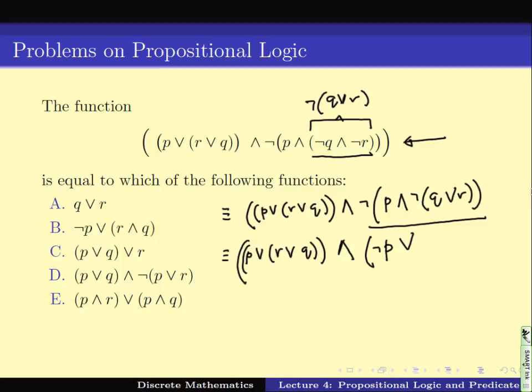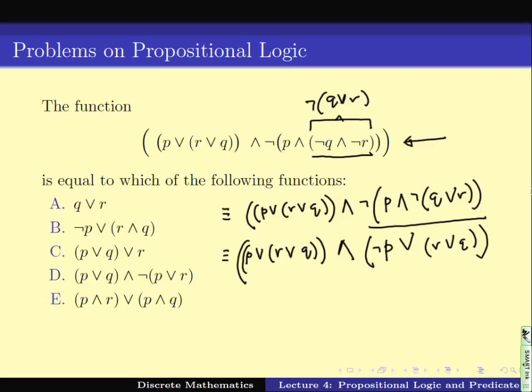So negation of negation is the same thing, so this is nothing but Q or R. Now I can use the commutative law to replace this Q or R with R or Q. So let's do that, and this can be written as R or Q.